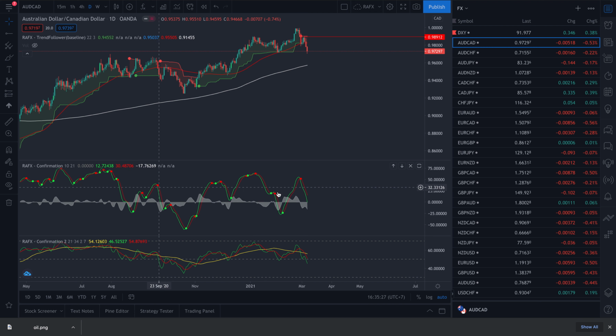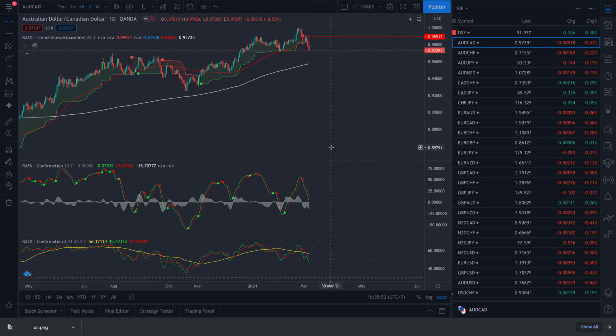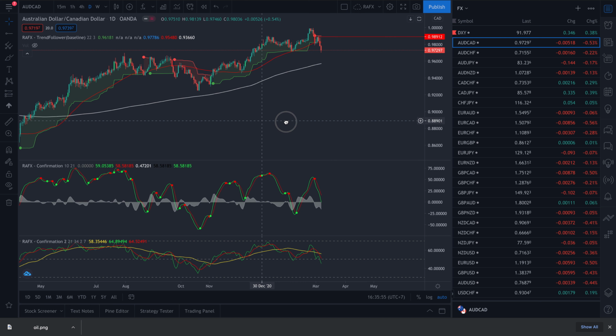Then I have here a confirmation that will tell me whether it is a buy or sell, and confirmation 2 is another indicator that confirms if we need to buy or sell. Using this indicator as well will help us exit my trades.